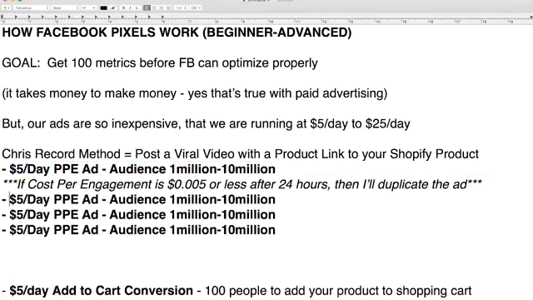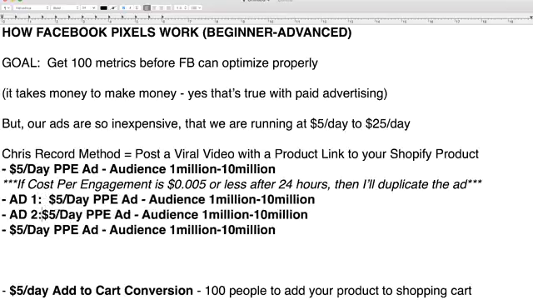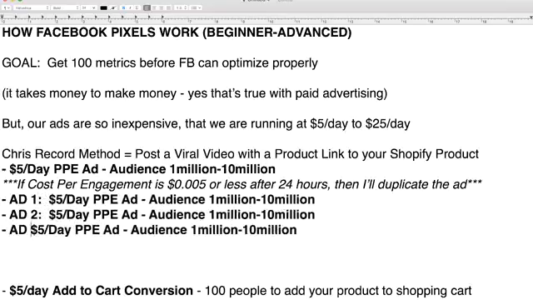it'll look like this: ad 1, ad 2, ad 3. Okay, so I'll just duplicate the ad. I'll either duplicate it exactly, or I'll duplicate it and slightly change up the interest, but keep the audience right around that size.